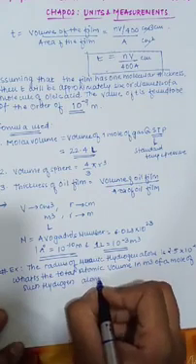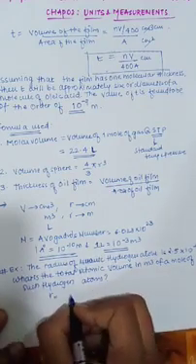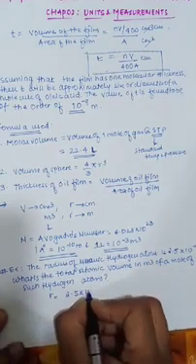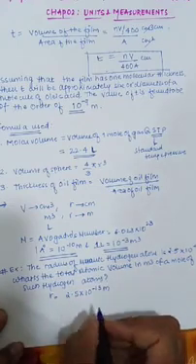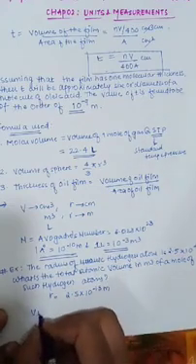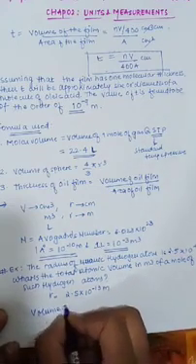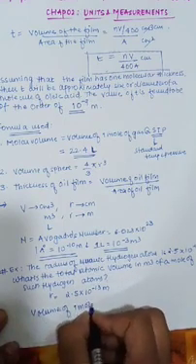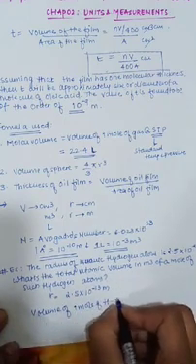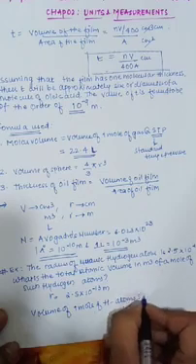So here they have given the radius to us, R is equal to 2.5 into 10 power minus 13 meters, and they are asking the volume of 1 mole of H atoms.